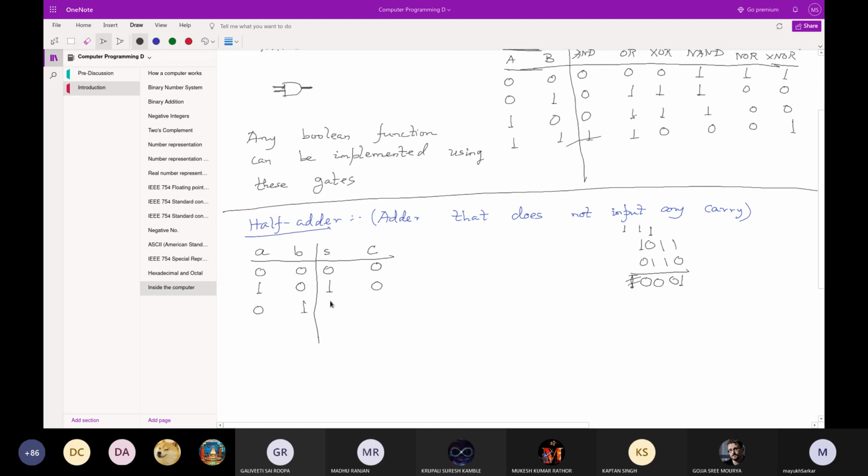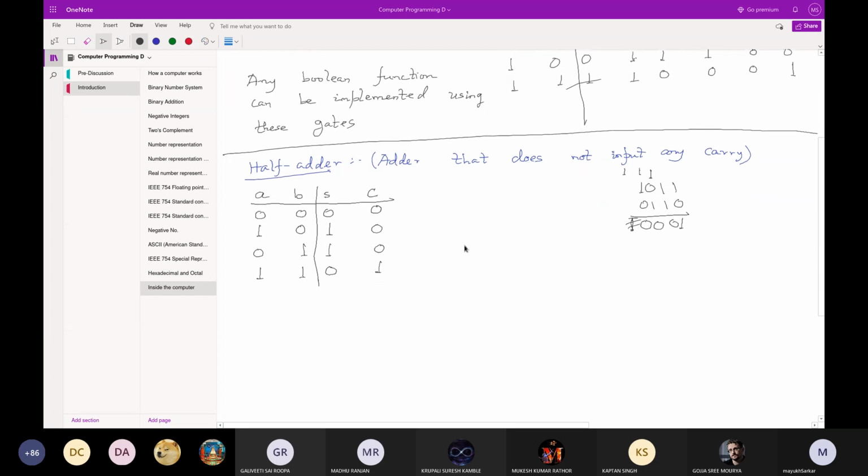If 0 1, again sum will be 1, there will be no carry out. And if it is 1 1, sum will be 0, but there will be a carry of 1. Now, this is the truth table, and from this truth table, the relationship of outputs with inputs is already clear.